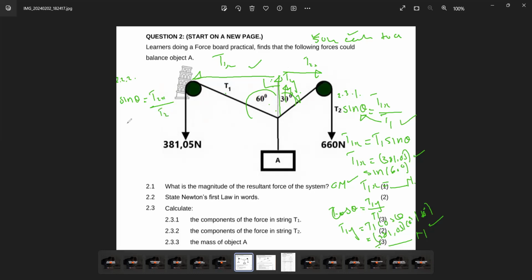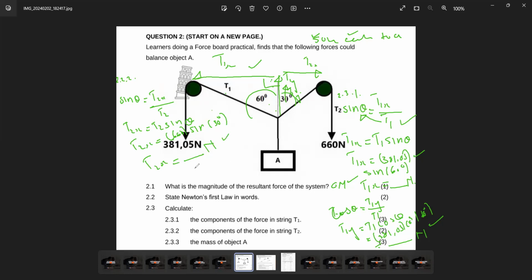Then T2x equals T2 sine theta. Then T2x equals 660 sine 30 degrees. Then T2x equals whatever you get, in Newtons, 2 marks, 1 mark.